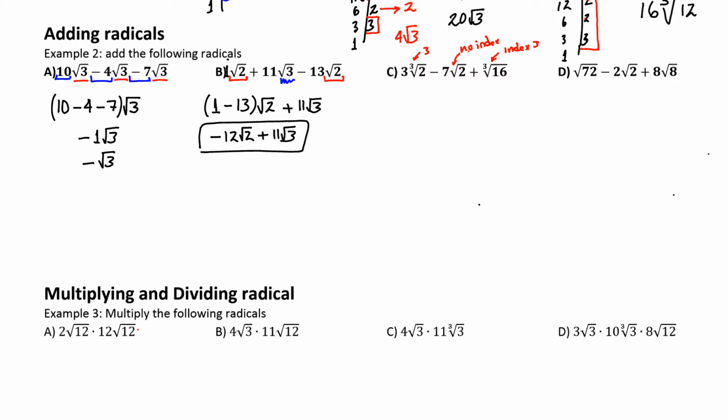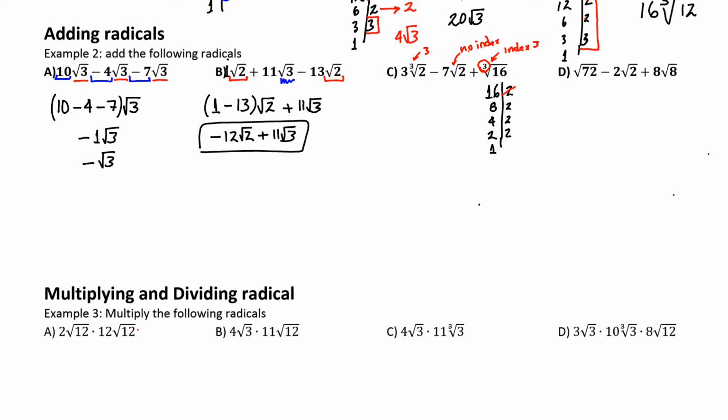What we need to do in that case is write its prime factors. When you write your prime factors, remember that we have to always look at the index. We need 3 numbers in order to take 1 out.